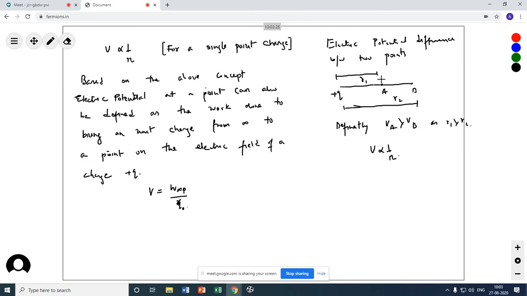We need to find the potential difference between these two, that is, between A and B, what is delta V? How to do it? Let us do this now in our next derivation.